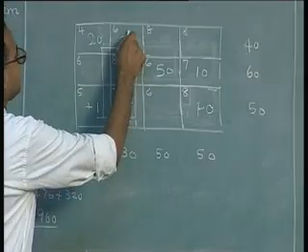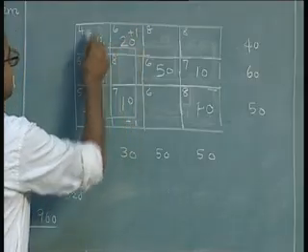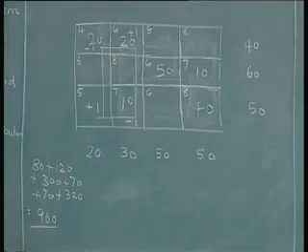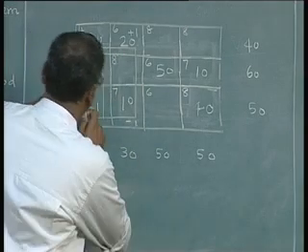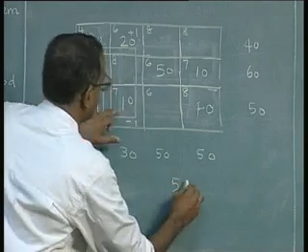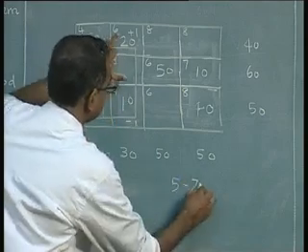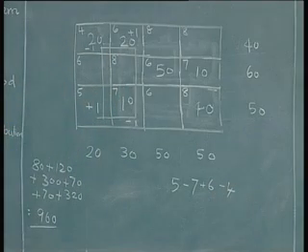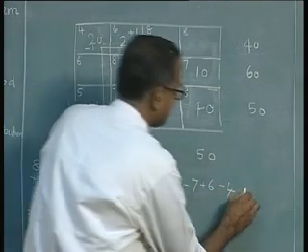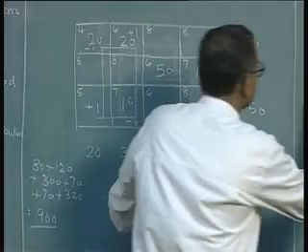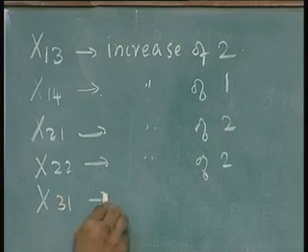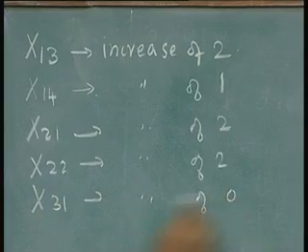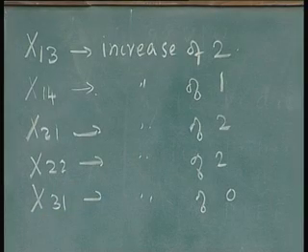Now this minus 1 will become a plus 1 here and this plus 1 will become a minus 1 here, so that supply and demand is balanced. The net would be plus 5 because of this, minus 7 because of this, plus 6 because of this, minus 4 because of this. So effectively the net increase or decrease is 0. So putting x31 would give us an increase of 0.